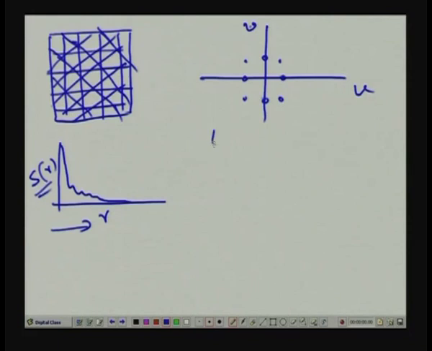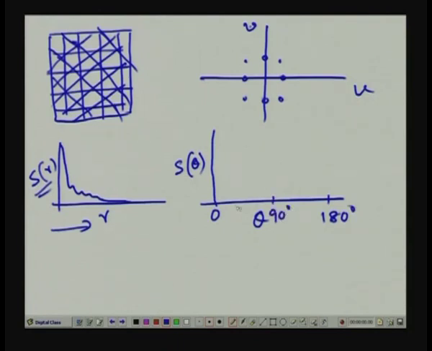But we get very important information if I plot S theta versus theta. So, if I plot it from 0 to 180 degrees, somewhere here we have 90 degrees, somewhere here we have 45 degrees, somewhere here we have 135 degrees. And you will find that we will get a pattern something like this.